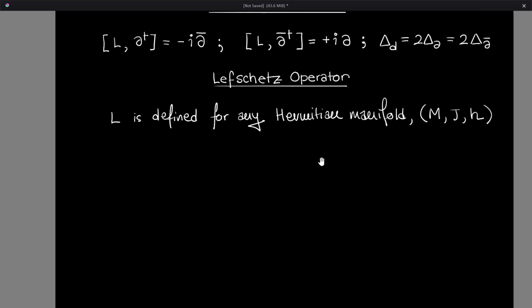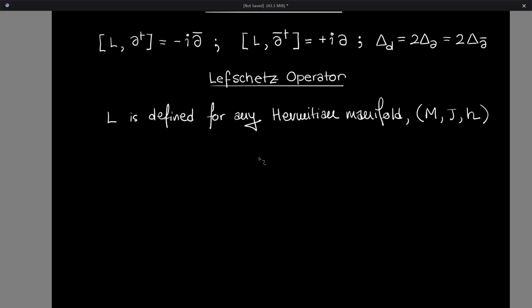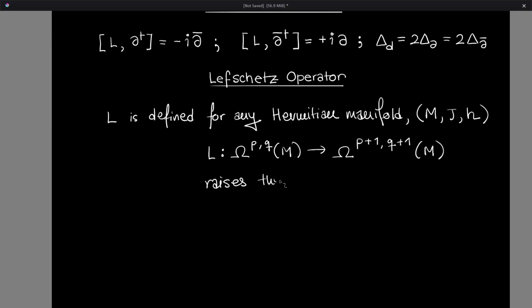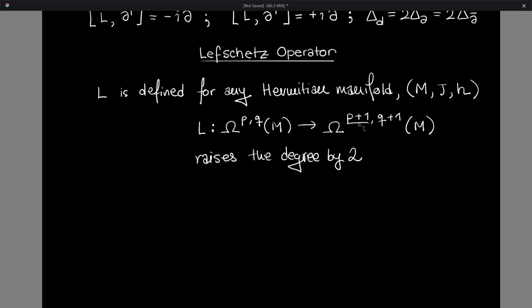The definition of L is that it is a map that takes us from Ω^{p,q}(M) to Ω^{p+1,q+1}(M). So it raises the degree by 2 in a very specific way, where it increases the holomorphic grade by 1 and the anti-holomorphic grade by 1.